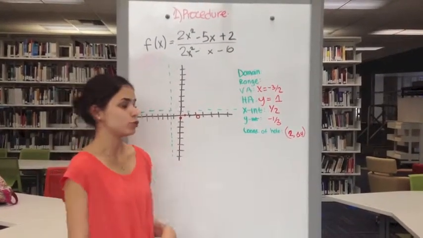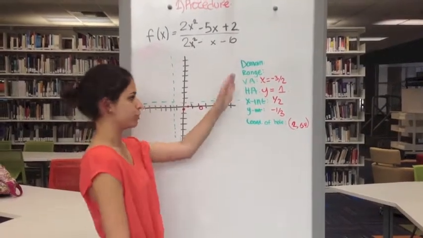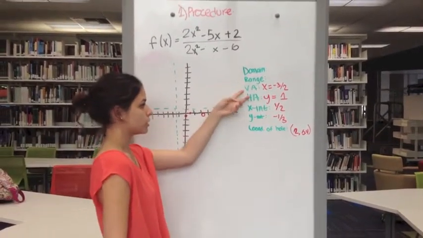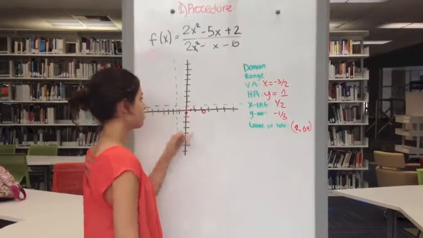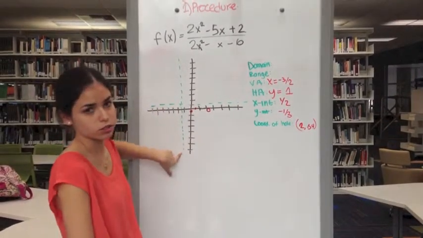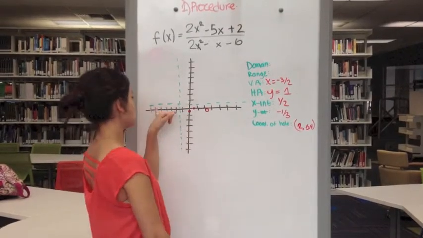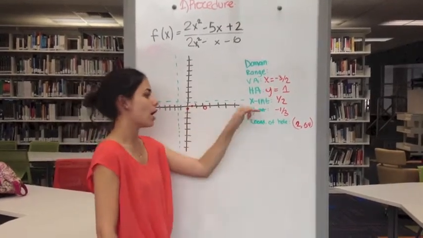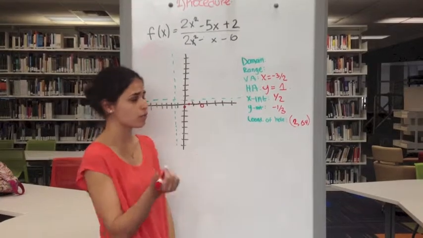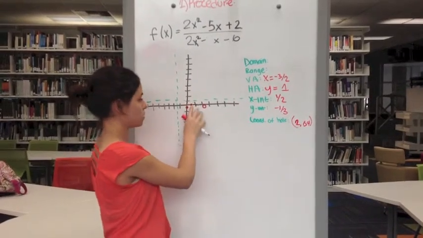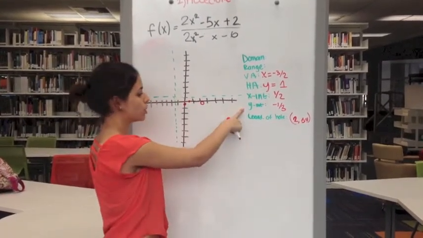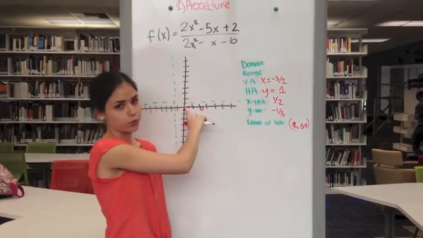Okay, so now we have to graph and place our important information over here. The vertical asymptote is x equals negative 3 halves, which is right here. This line is the dotted line. The horizontal asymptote is y equals 1. So we graph it over here. Our x-intercept is 1 half, and it's this point right here. The y-intercept is negative 1/3, which is this point right here.